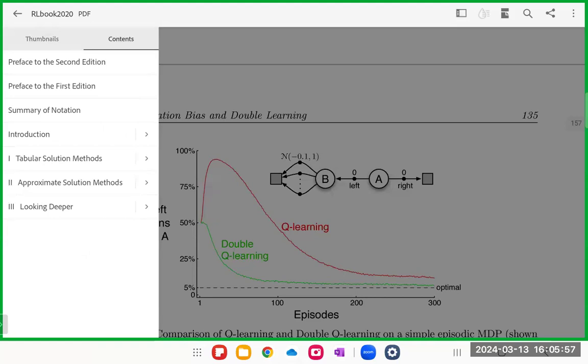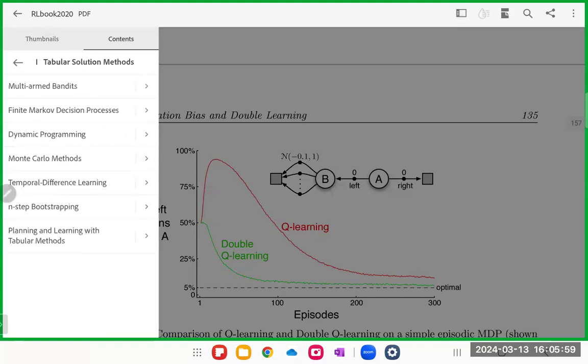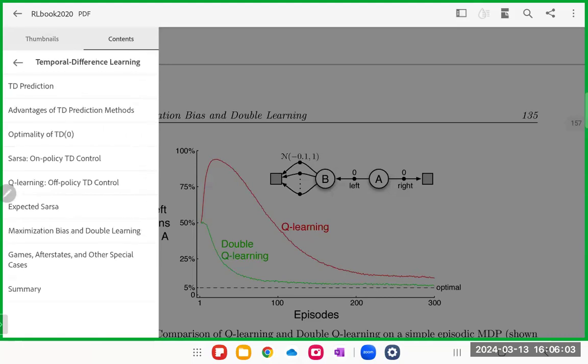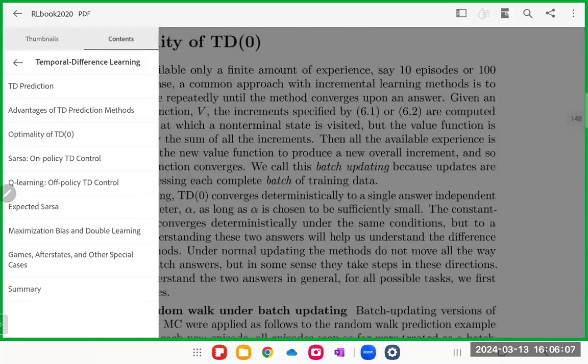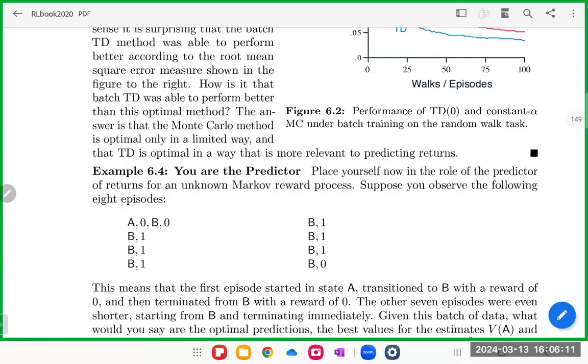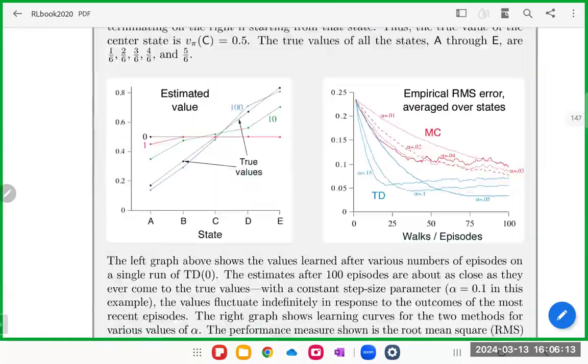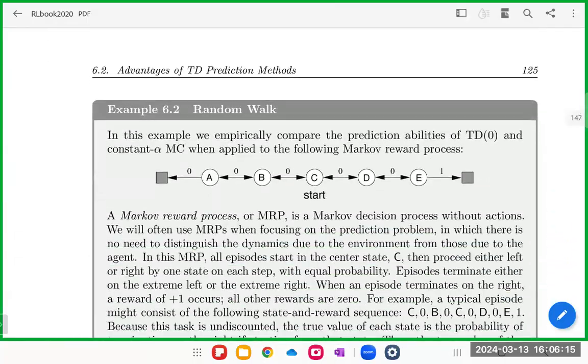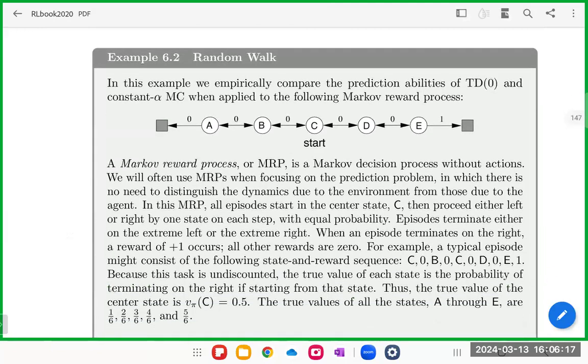So let me quickly show you some experiments on which is good. This is another example which is trying to compare Monte Carlo versus TD methods.